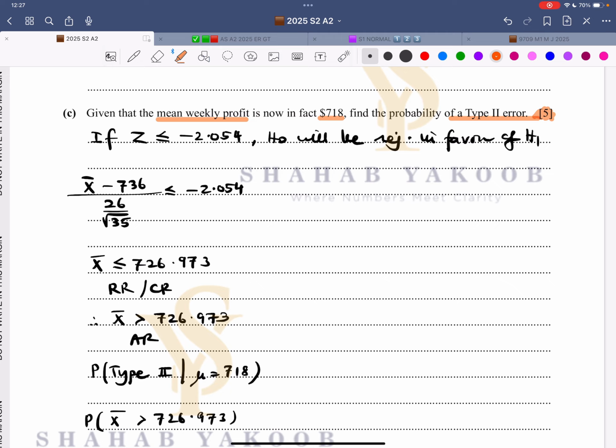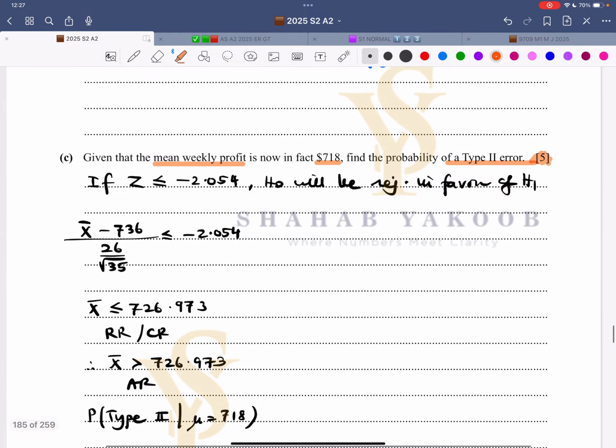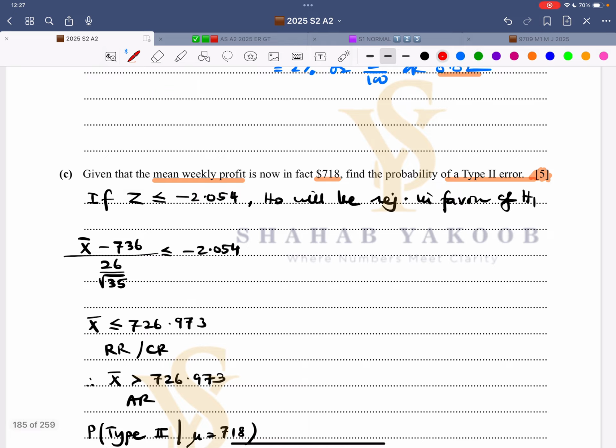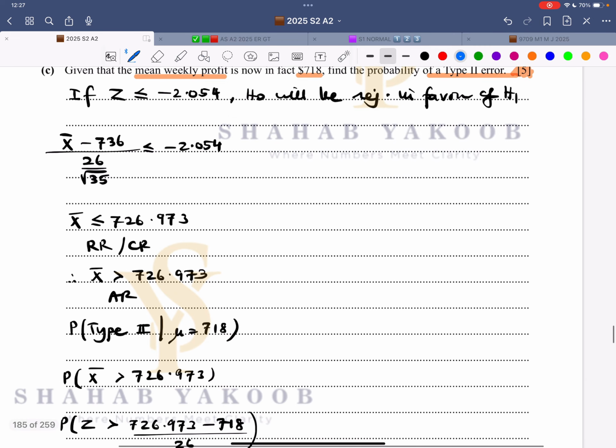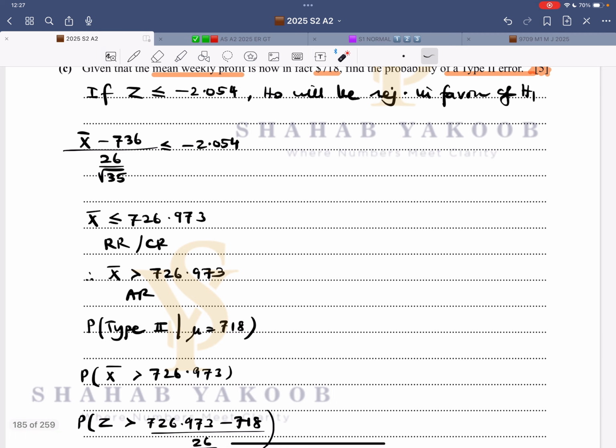So now first of all, for type 2, you need the acceptance region. So keep that in mind. When we talk about type 1, we talk about the rejection region. When we talk about type 2, we need the acceptance region. So unless and until I have the rejection region, how can I flip it? So now since it's a lower tail test, z is less than or equal to this boundary value, H0 will be rejected in favor of H1.